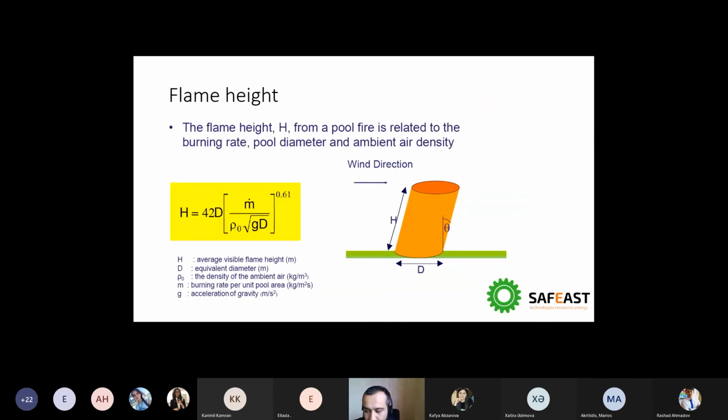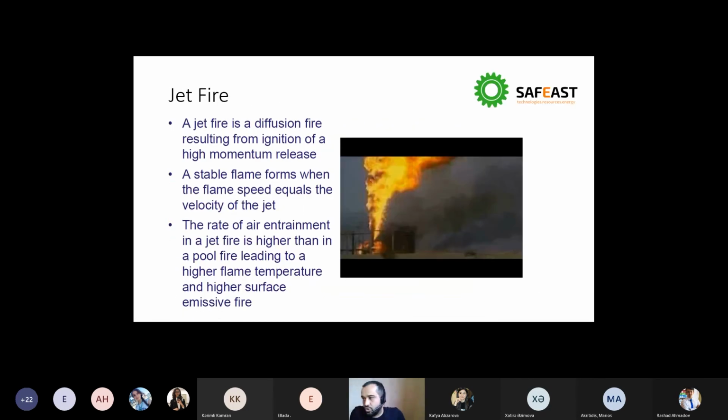So this is about pool fire and jet fire. Jet fire is another diffusion fire, resulting from ignition of a high momentum release. There should be high momentum, which obviously should be caused by high pressure upstream. When there is a jet fire, usually there is a stable flame front.